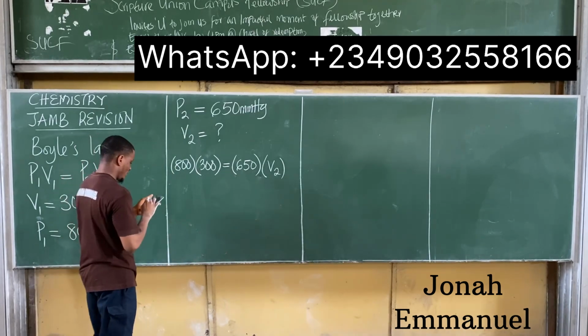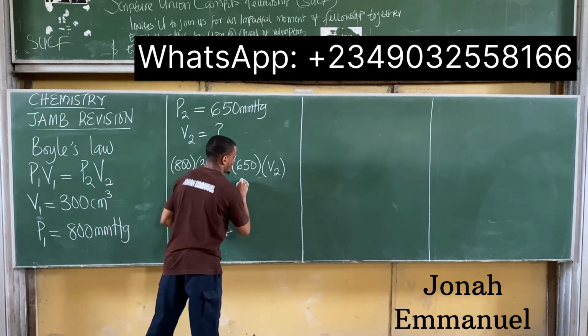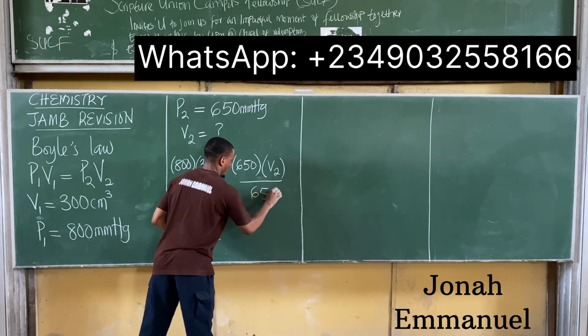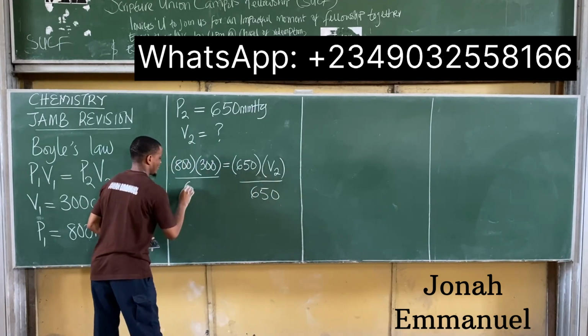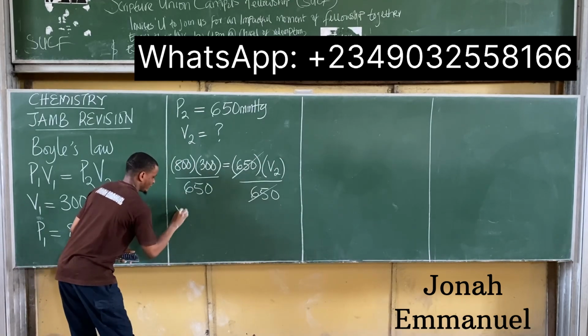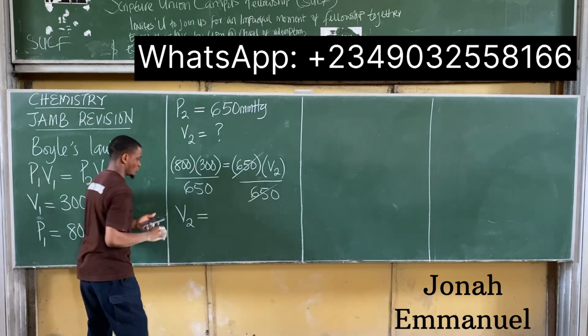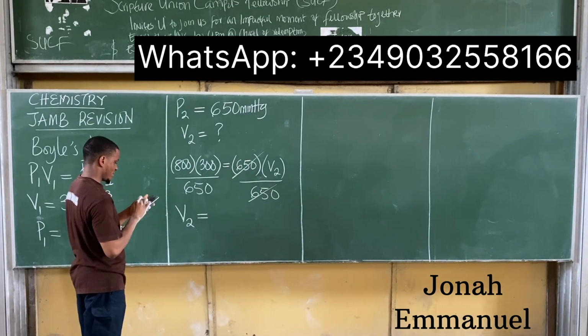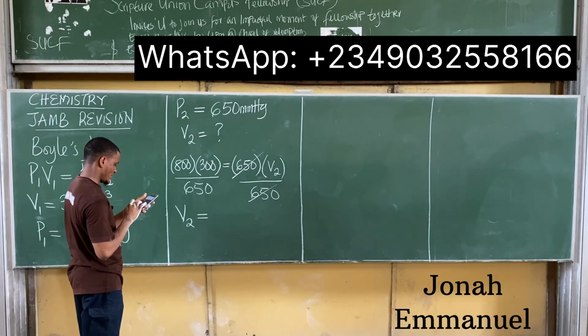What do you have? It means that to get V2, I'll divide here by 650, divide here by 650, such that this cancels this. I will now have that V2 is equal to 800 times 300 all over 650.